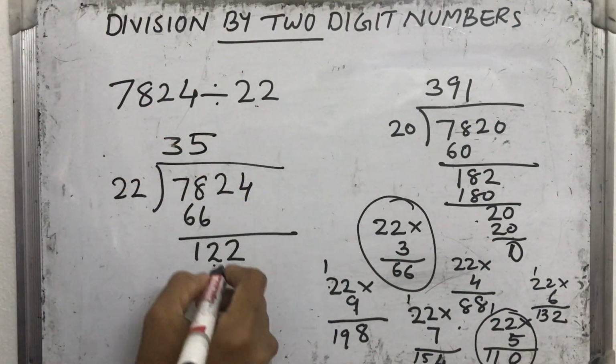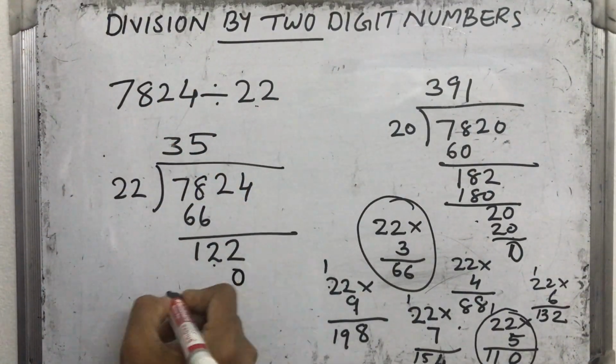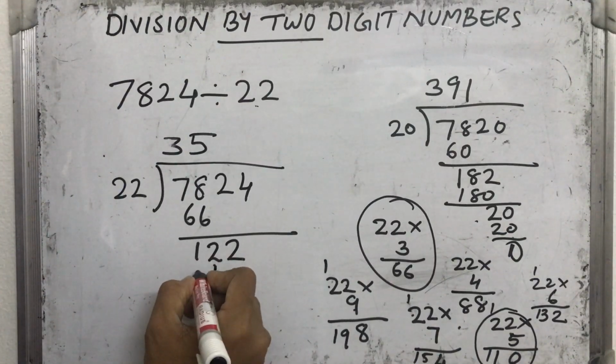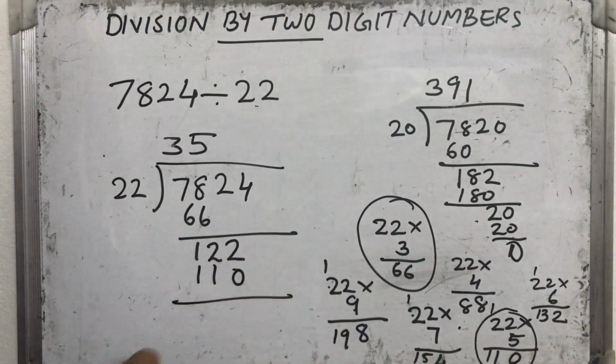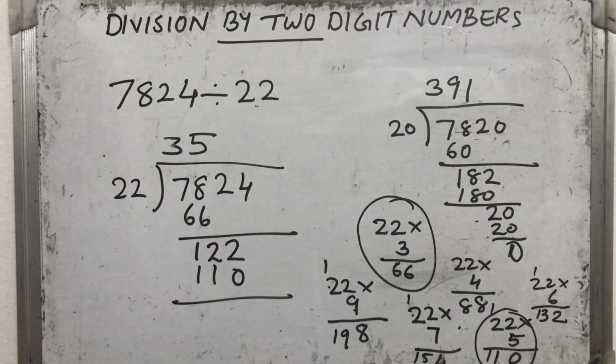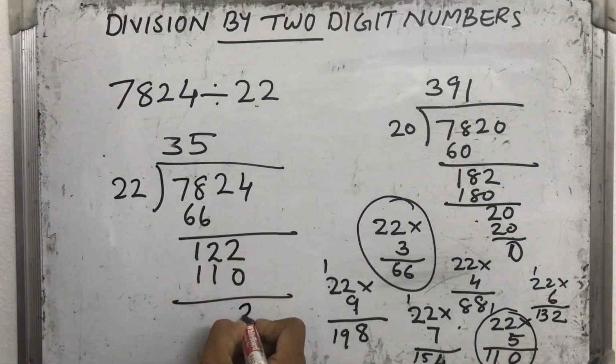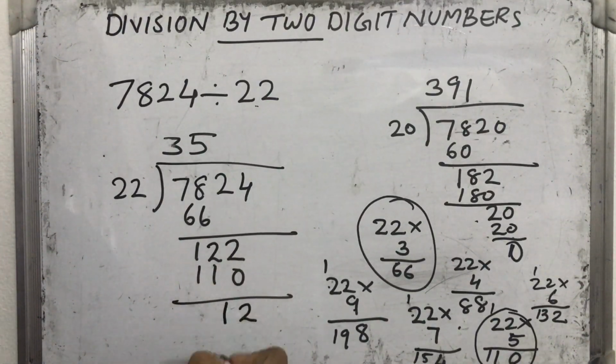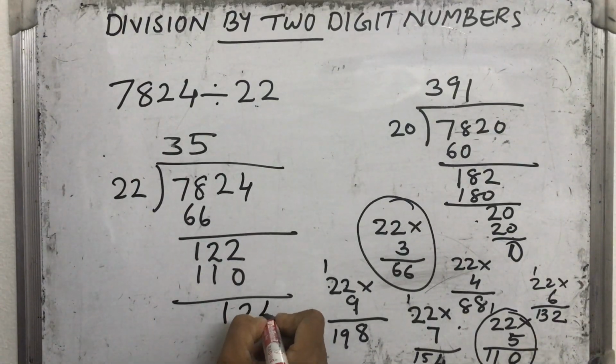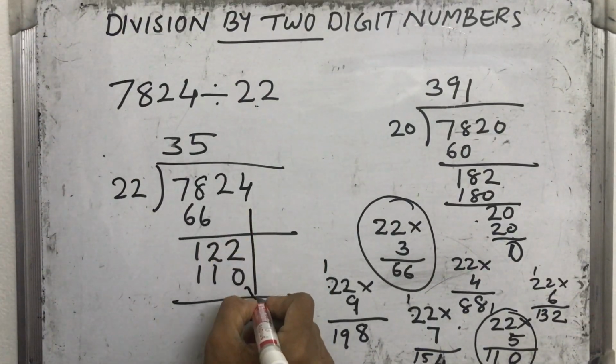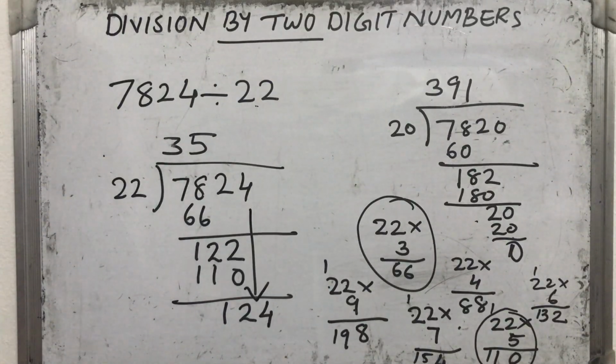Then 5 into 22, 110. Okay, then subtract: 2 minus 0, 2, 2 minus 1, 1. Then bring down 4. The next digit we want to bring down is 4. 124 divided by 22.